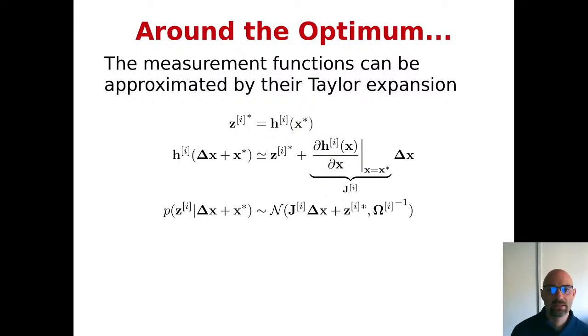So what I'm doing is just first order error propagation. Unfortunately I don't see your face, and so I don't have an idea whether you understand or not, whether I'm clear or not. Okay, so now we have described a conditional distribution: the conditional distribution of the measurement given a perturbation around the optimal state.